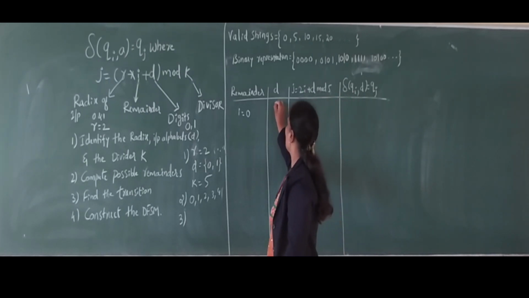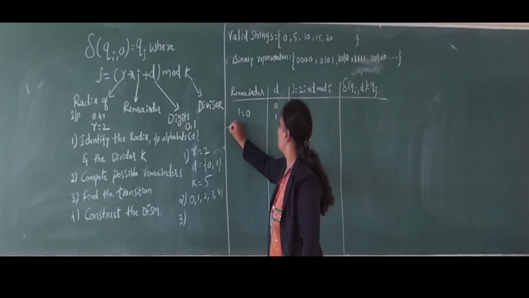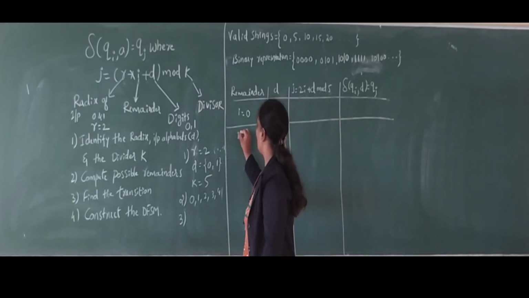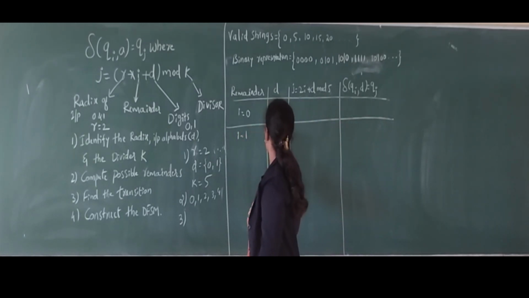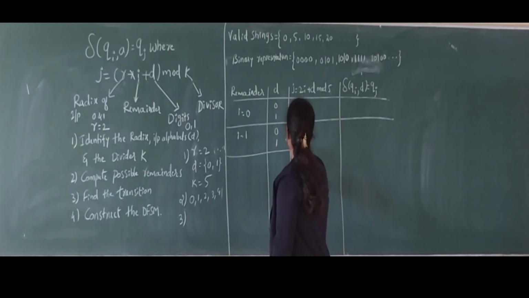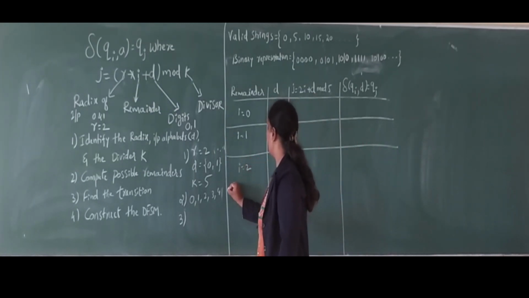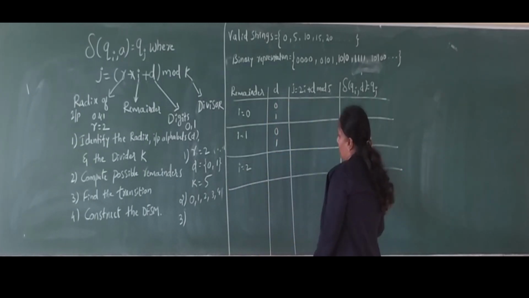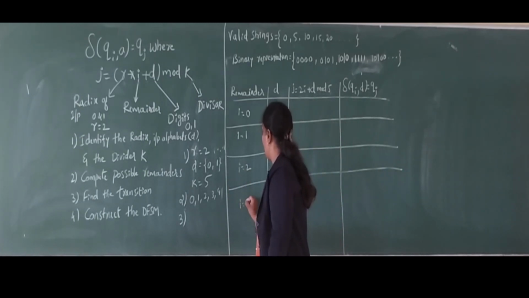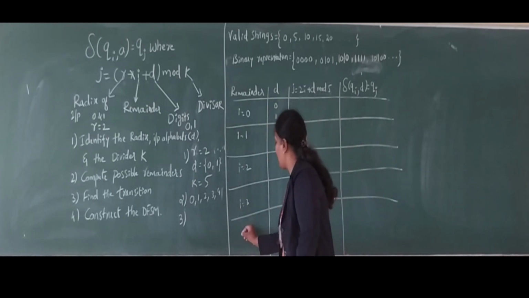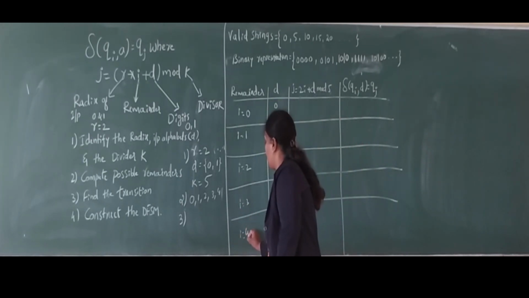So the D value is 0 and 1. This is for I equal to 0. Next, I equal to 1, again for digits 0 and 1. Next, I equal to 2, I equal to 3 and I equal to 4.